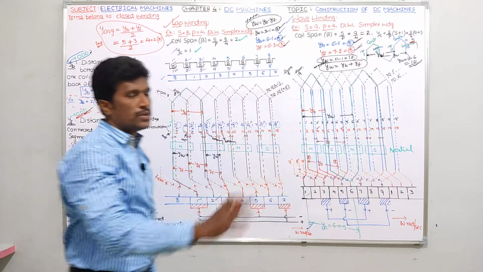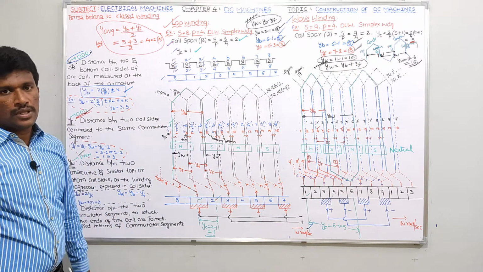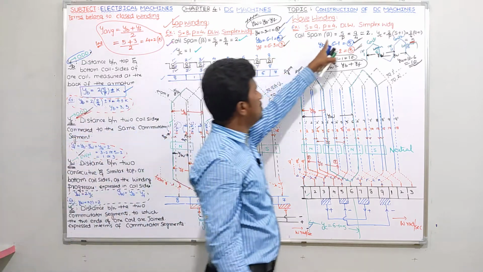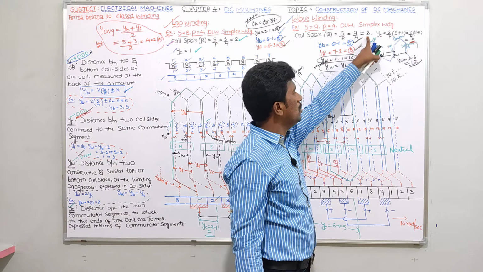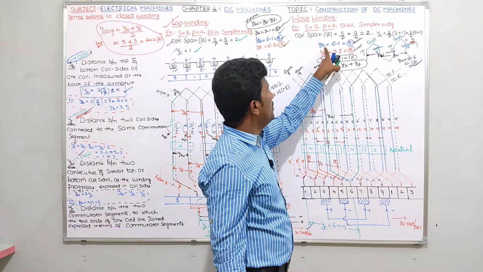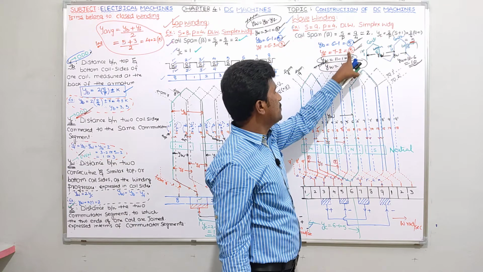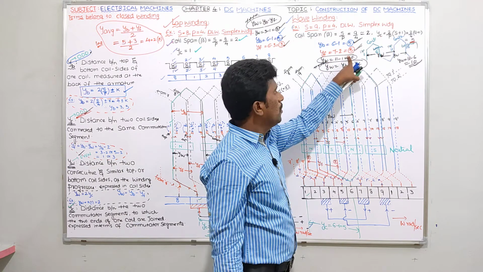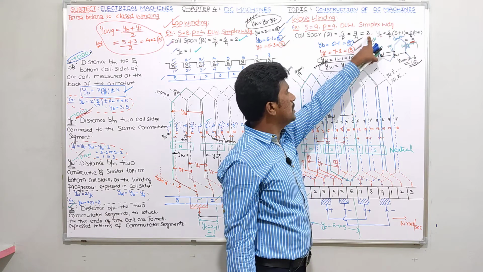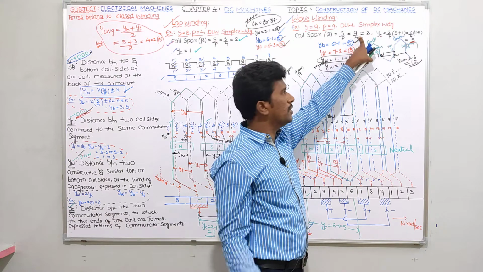So 5 will be approximately equal to 4. That's why I'm saying approximately equal, because the coil span value, slots per pole, is not exact. 9 by 4 is approximately 2. If you calculate the Y average value, YB plus YF by 2, 5 plus 5 by 2, you'll get 5. It's not exactly 2 actually. So 9 by 4 means 2 point something, you know.